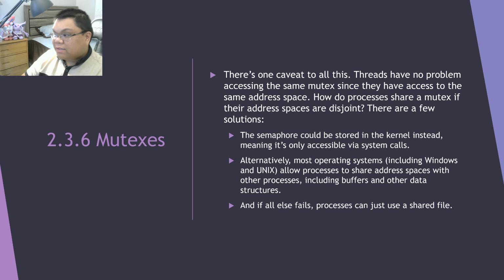However, most operating systems, including Windows and Unix, already have a way of having processes share stuff between one another, share address spaces. So we could have it set up so that we have a mutex being shared between two processes, even though their memory spaces are disjoint, disconnected. And if all else fails, processes can just use a shared file.